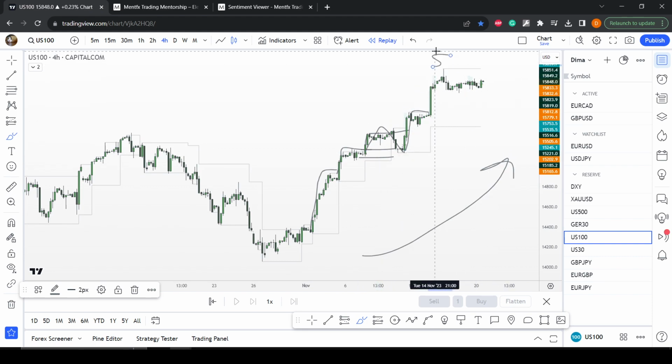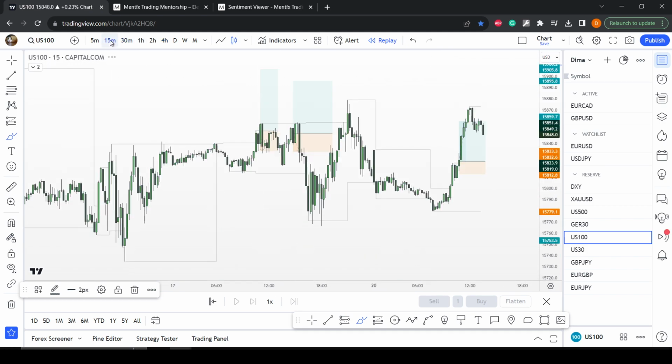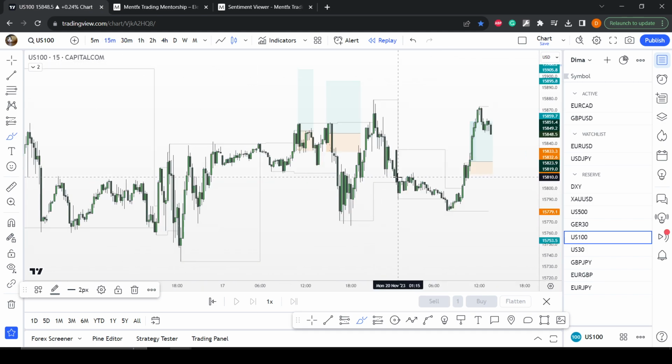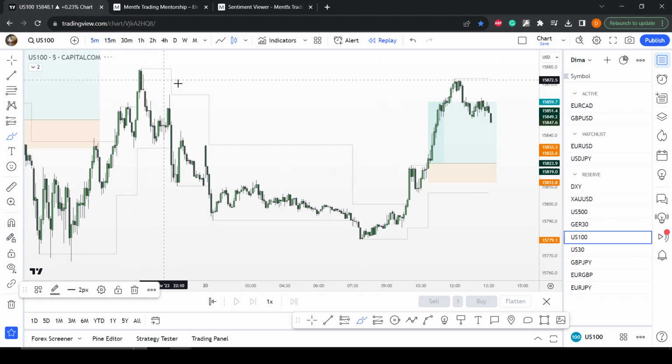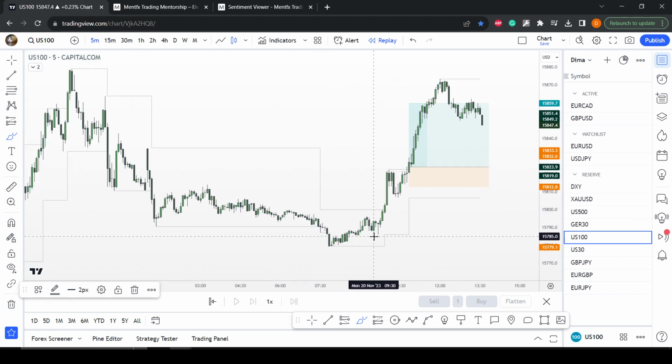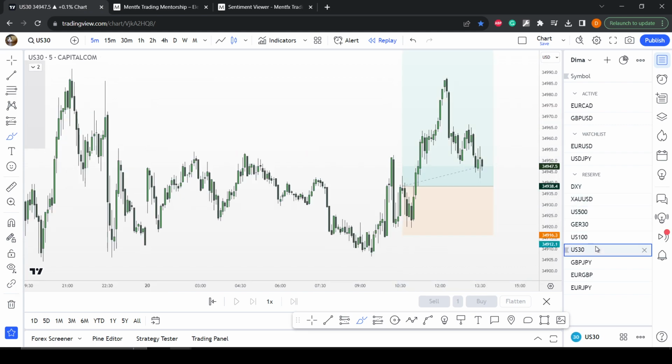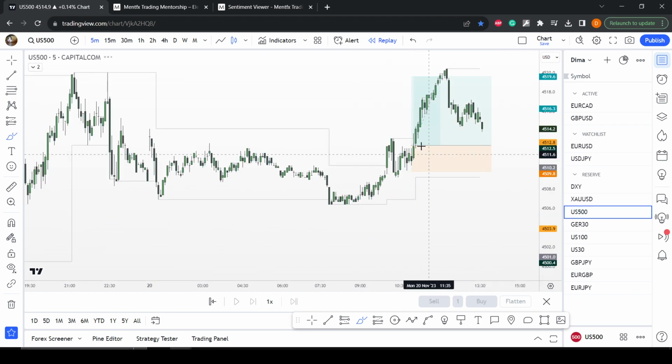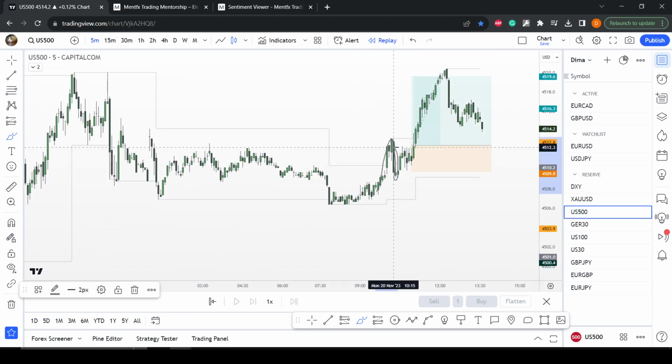So expecting to run on this high. 15 minutes really not clear. However, 5 minutes created on the London Open this really nice push, correction, impulse, correction, and impulse. So this was an example of maybe B plus A quality setup, and the same thing on US 500.